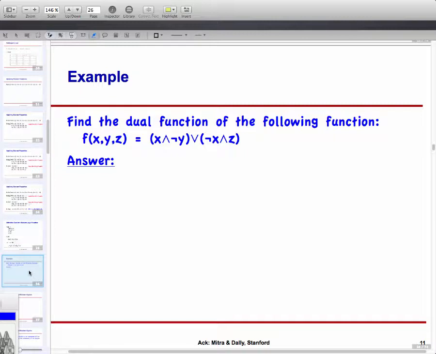Give me the dual function of this. We are given the function f of x, y, z is x and not y, or not x and z. Anyone want to take a shot at this?